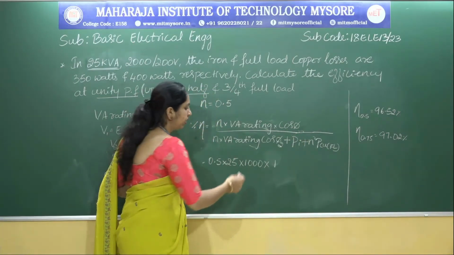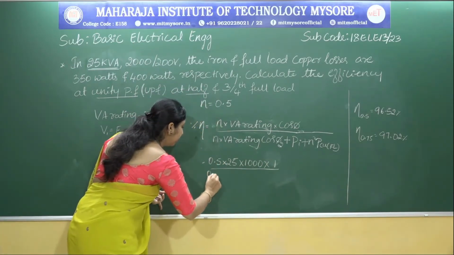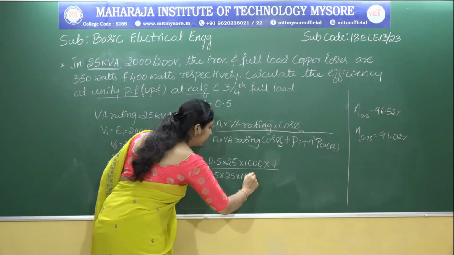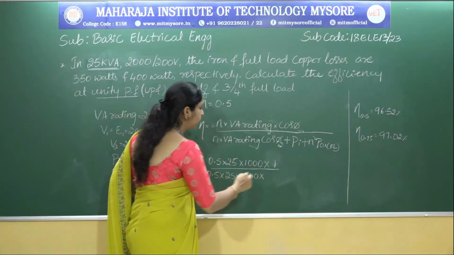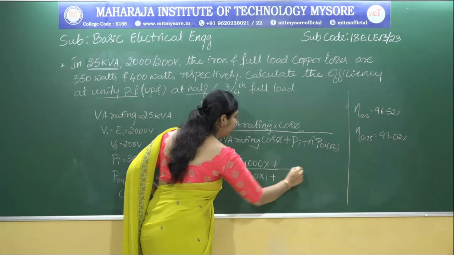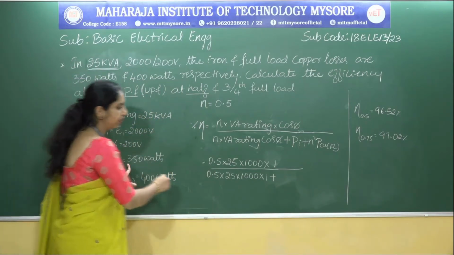So it is VA rating cos phi, divided by, again N equal to 0.5 into 25 into 1000 into 1, because cos phi is 1, plus Pi, which is equal to 350 watts.